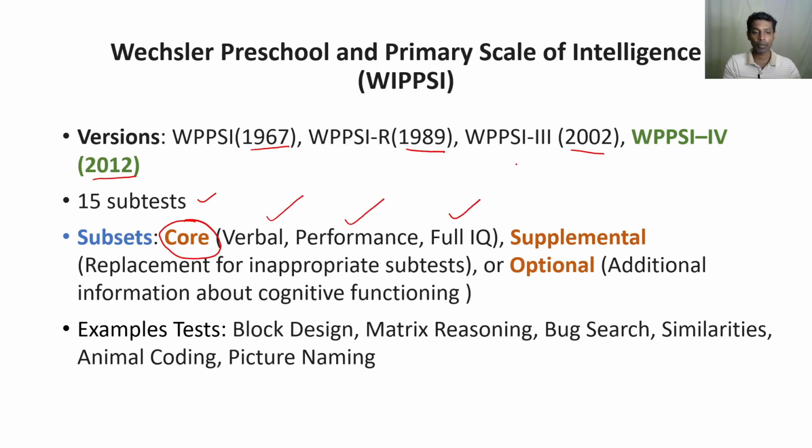That's one set of core scores. Now there are supplemental subtests, which are replacements for inappropriate subtests.